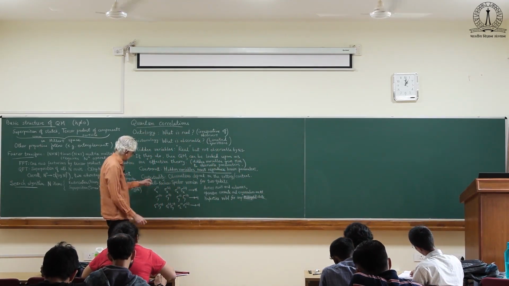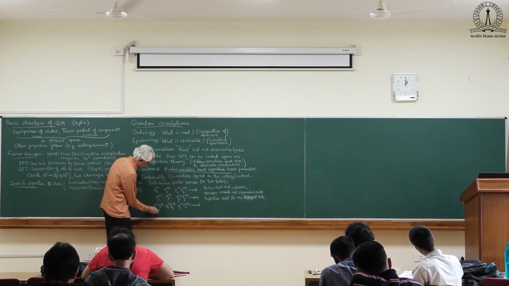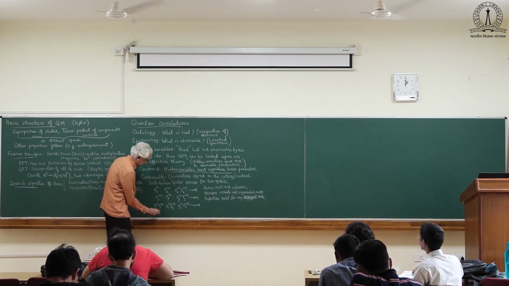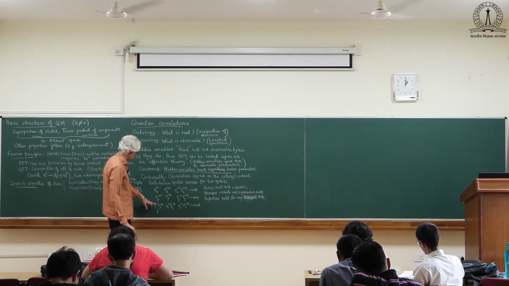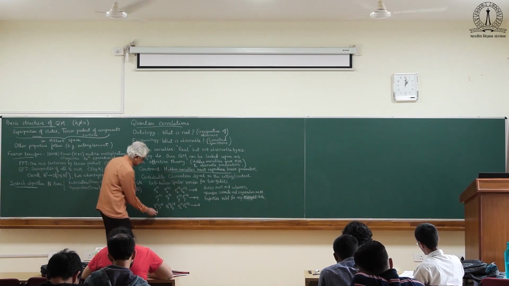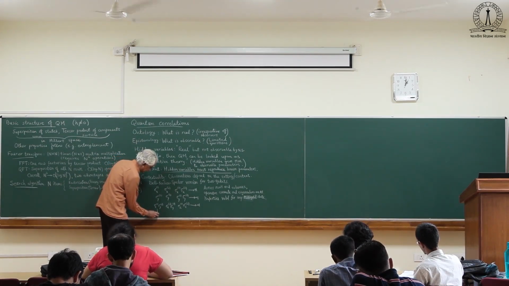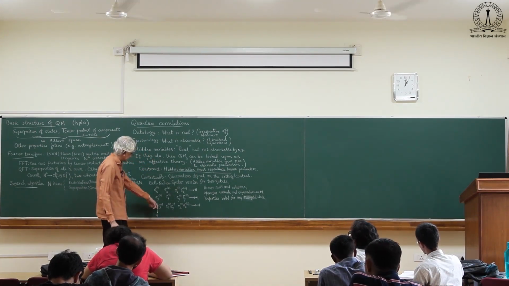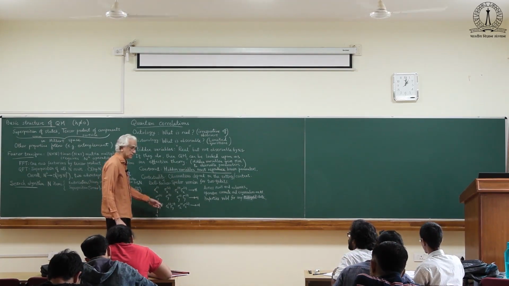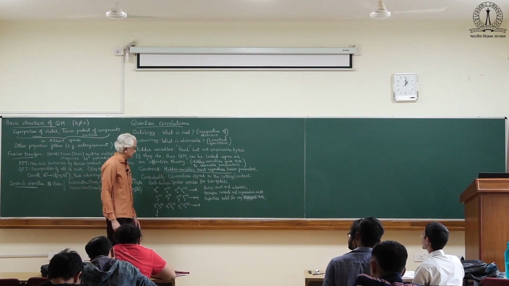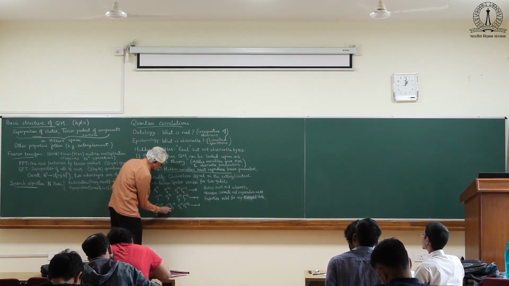Now I look at the stuff column wise. These things all multiply to +1 because sigma x will get squared, sigma y will get squared. Same thing here.